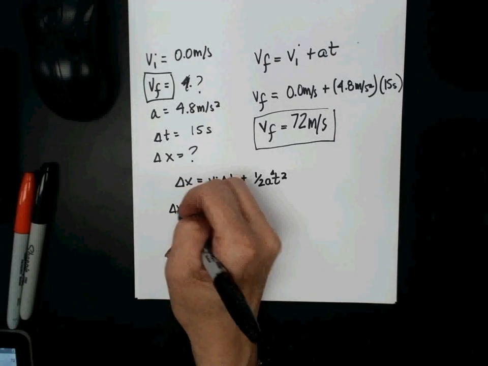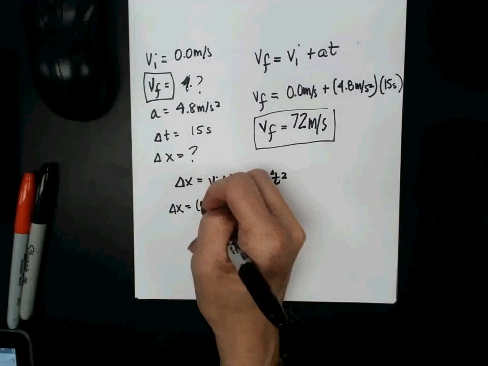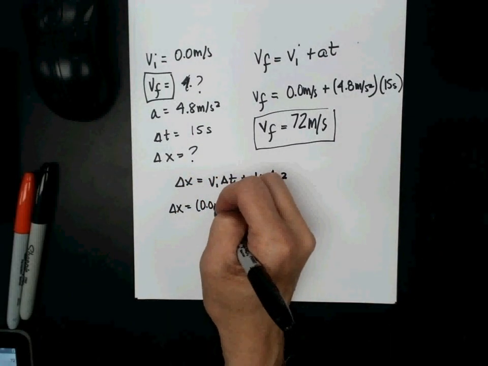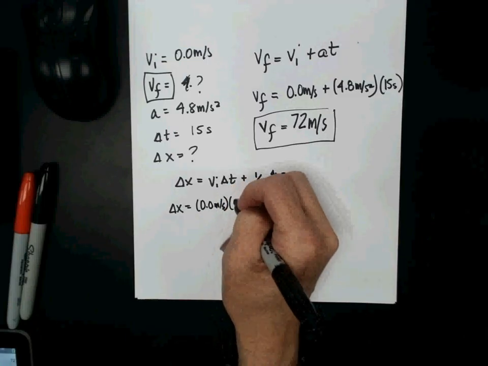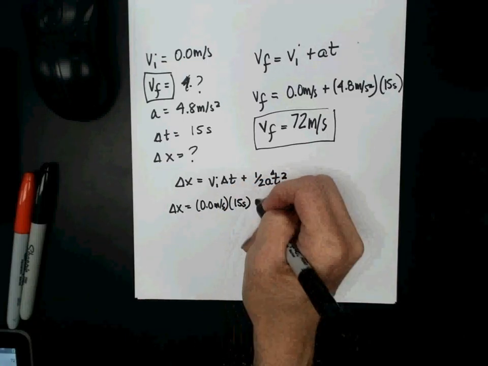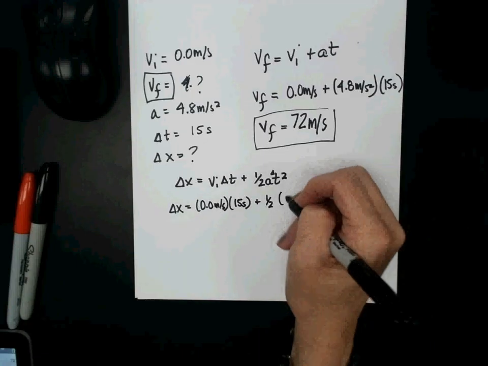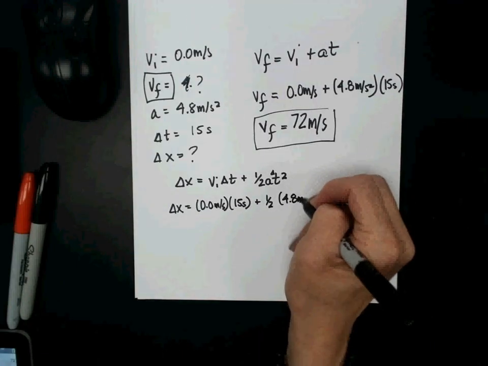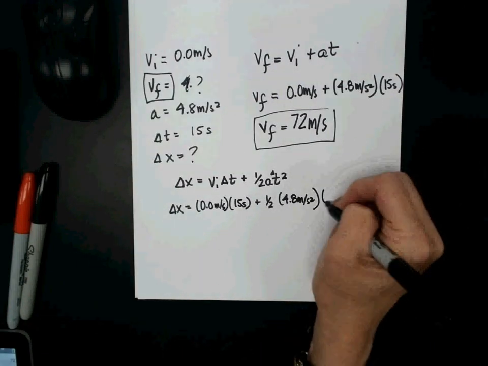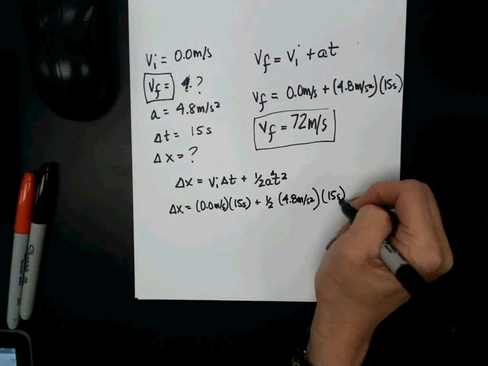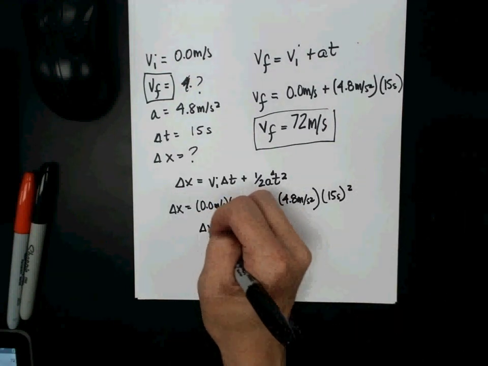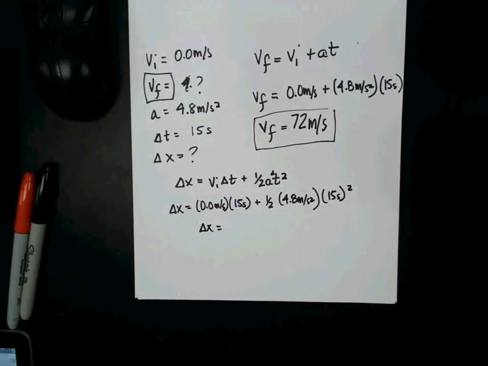So when I plug in what I know, I've got delta x equals 0 meters per second times 15 seconds plus 1/2 times 4.8 meters per second squared times 15 seconds squared. I want you to solve for delta x, and when you have an answer, stand up.